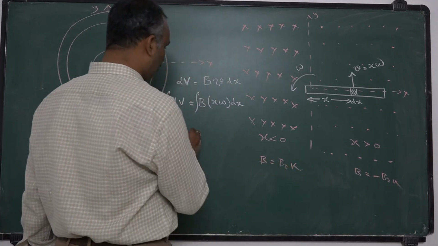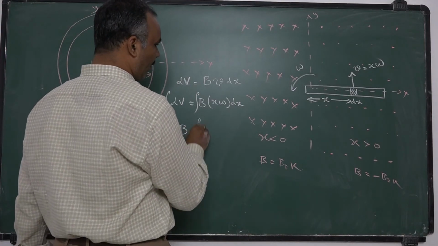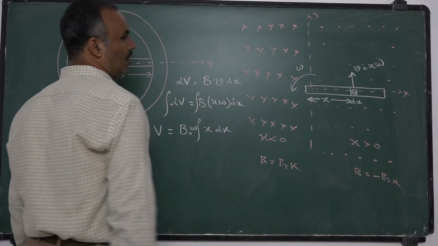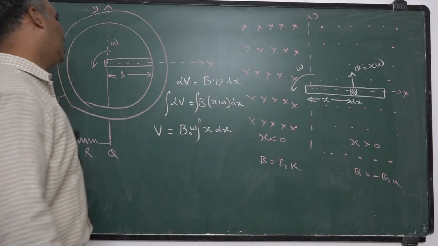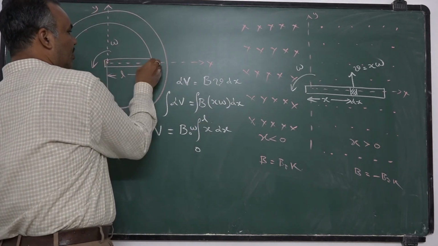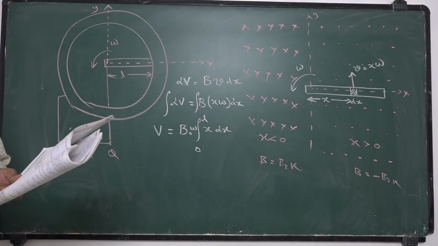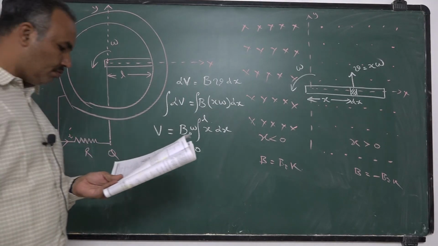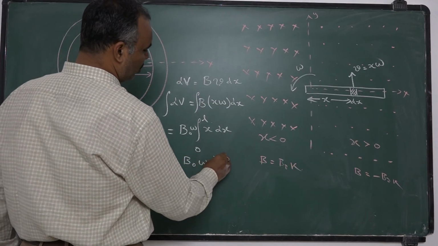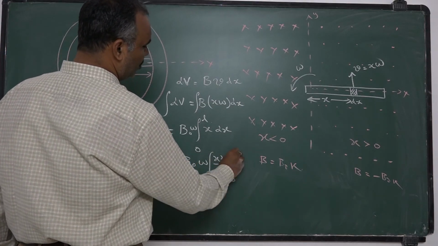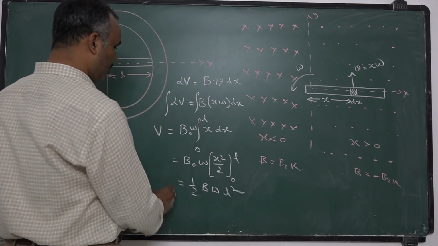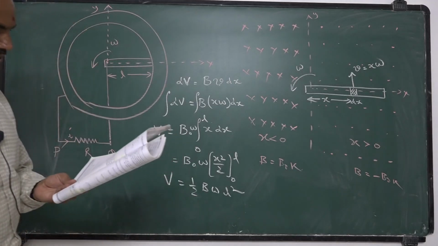Only the magnitude: B naught is the magnitude, omega is the angular velocity which is constant, x dx, where x varies from 0 to L, because you can take the small element at this end 0, at this end length L. Now this is B naught omega x square by 2, limits from 0 to L, so half B naught omega L square will be the EMF developed between the ends of the rod.